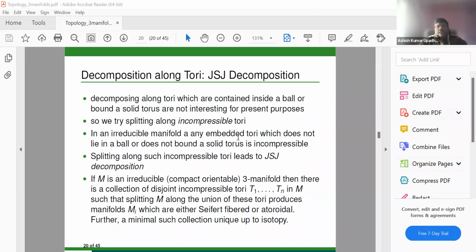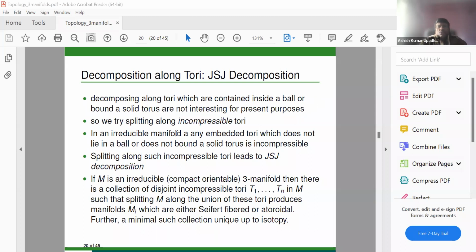Decomposing along tori which are contained inside a ball, or which bound a solid torus, is not interesting for present purposes. So we try splitting along incompressible tori. We are actually trying to split 3-manifolds along incompressible tori.